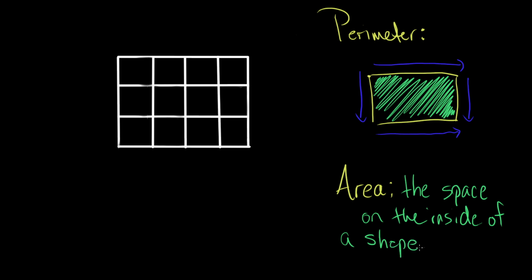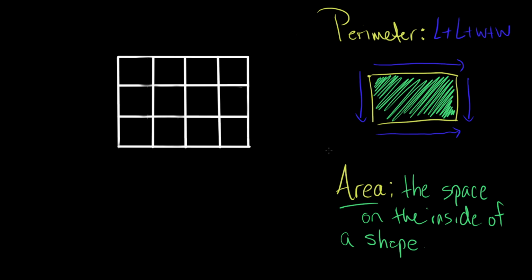And once again, for these examples, we're going to be using the shape of a rectangle because that will usually be the first shape that you encounter when you start practicing your perimeter and area problems and discovering how to solve those.